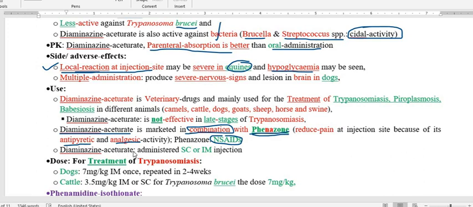Phenazone reduces the inflammation as well as the pain. And mainly we administer this diaminazine aceturate parenterally, either by subcutaneous or intramuscular injection.